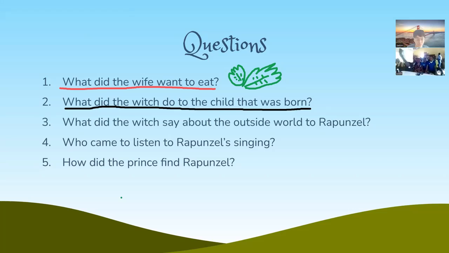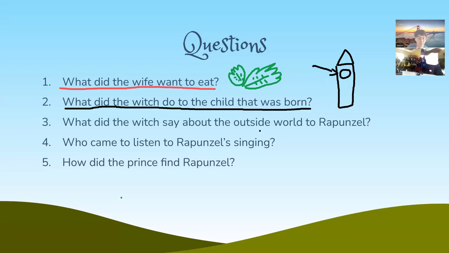Does anyone know? David, stole their child. Yes, that's right. The witch took the child away, and then she put the child in a really big, really high castle. So the witch took the child away, and she put her in there.